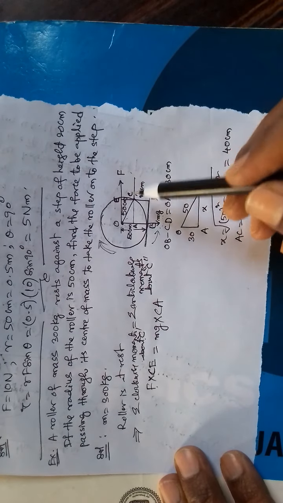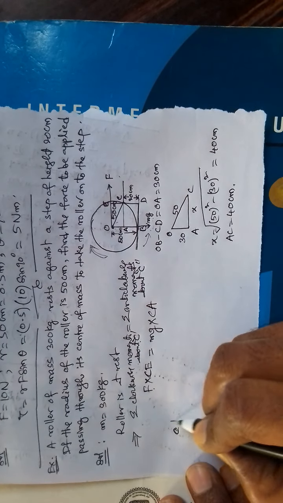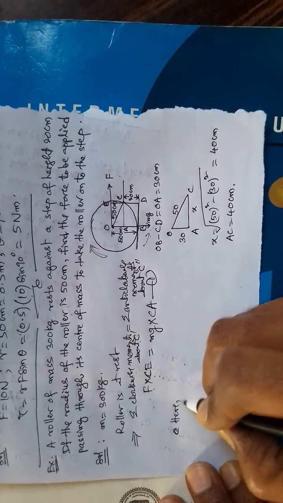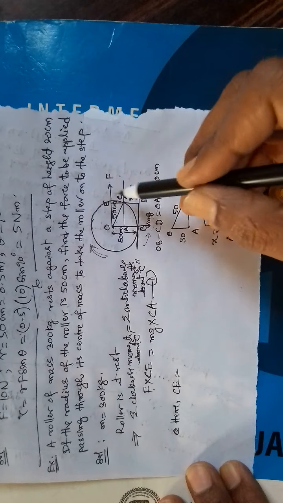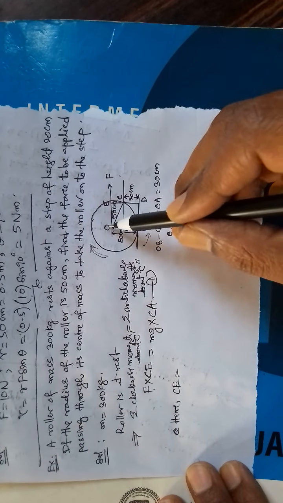First let us see what C is. C is here. See, this is equation 1. Here CE. CE, see, this is a rectangle. CE is equal to AO.